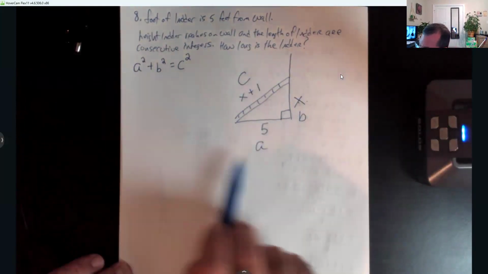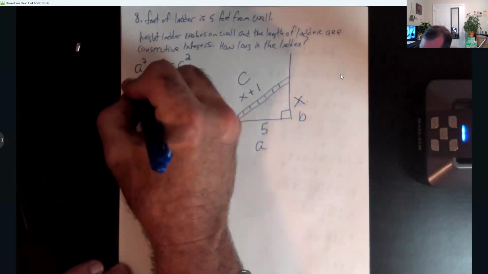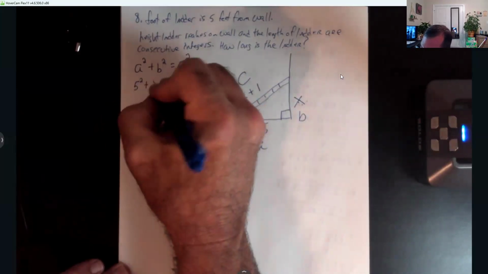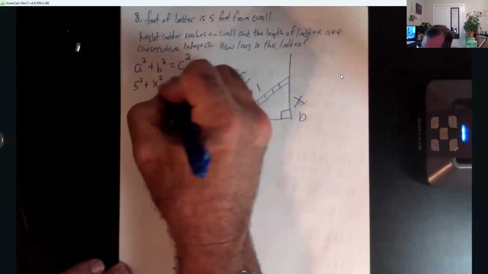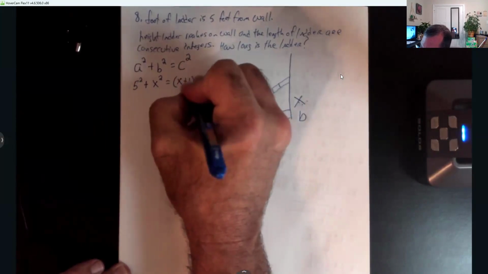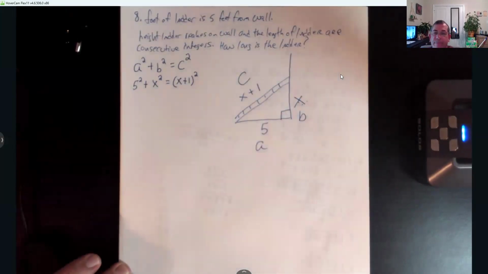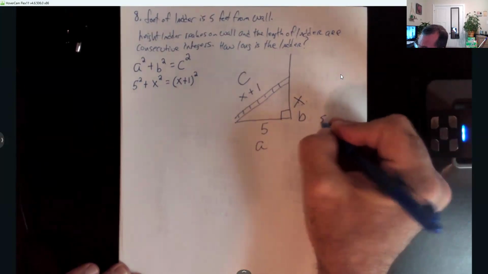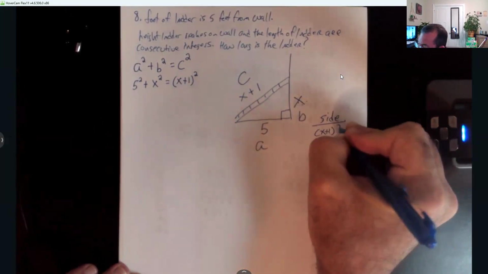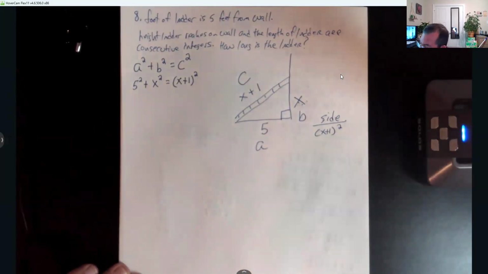All right, y'all, let's plug in. A is 5, so I got 5 squared plus B is X, that'll be X squared. That's going to equal X plus 1 squared. On the side over here, let's figure out X plus 1 squared.